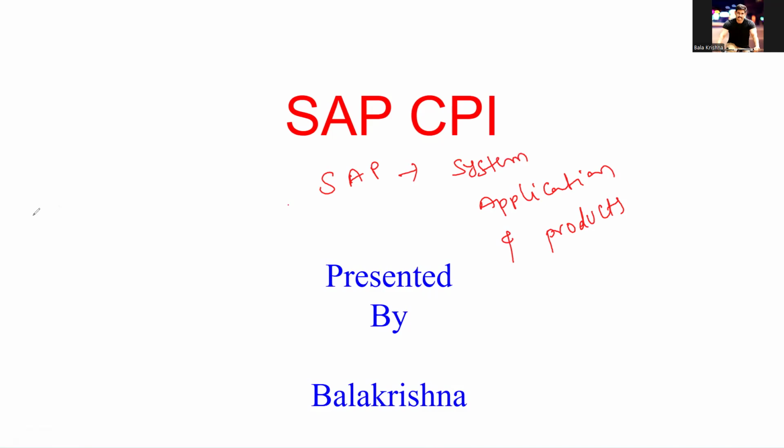C stands for Cloud, P stands for Platform, I stands for Integration. That is the full form of SAP CPI.